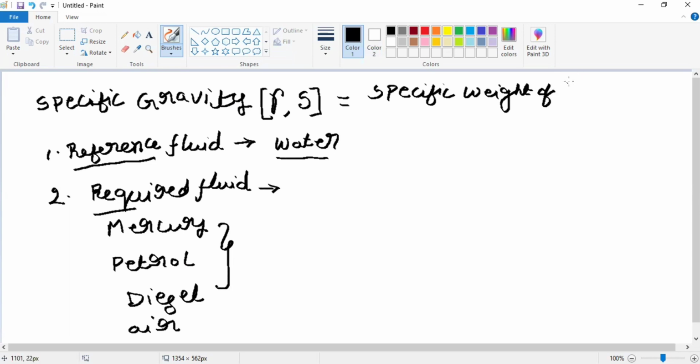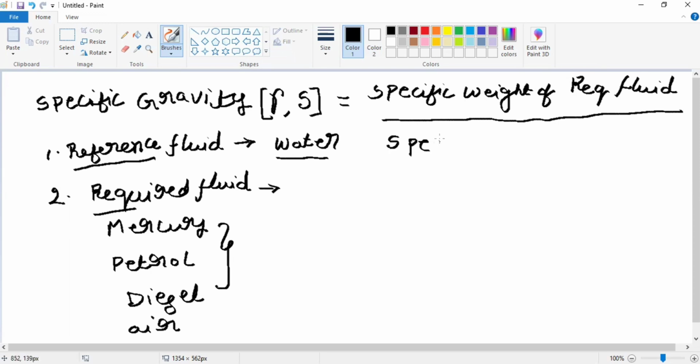In the problem, whichever fluid they give, that is the required fluid. And the reference fluid is always the water. Reference fluid is always taken as the water.